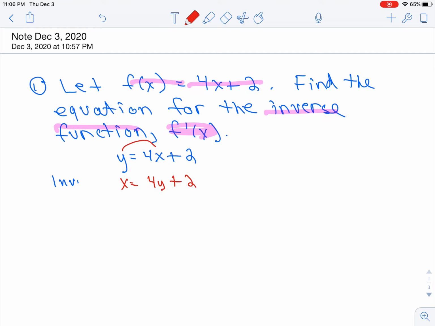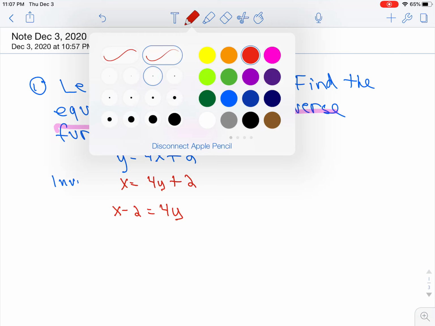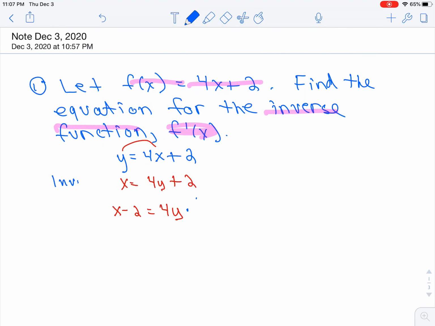But now what we usually want to do is put it back into function notation, and so we want to solve for the y. We want to get the y by itself. So that means that I will subtract 2 from both sides, so that will give me x minus 2 is equal to 4y. And then you can either think of this as dividing by 4 or multiplying by 1/4, either one. And so on this side, these will cancel out, so we get y. I'm going to switch it over to this side, equals.